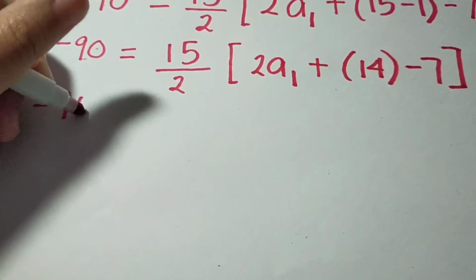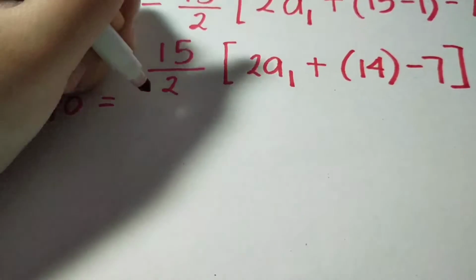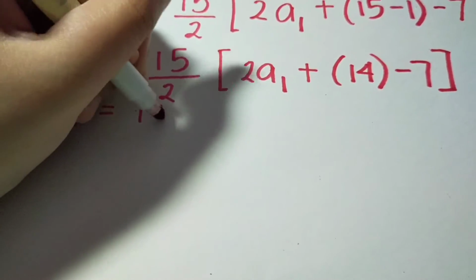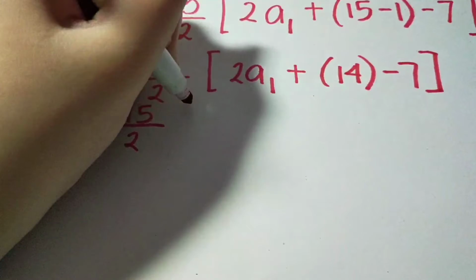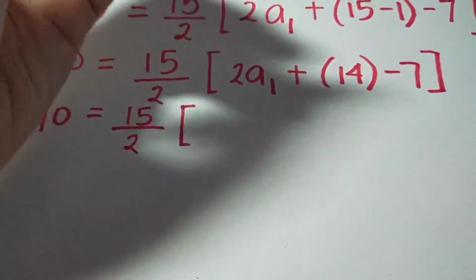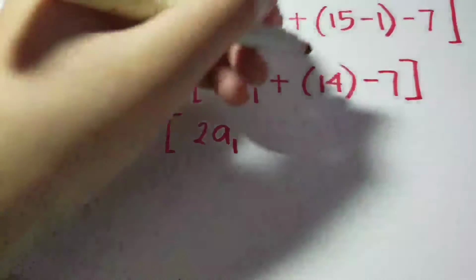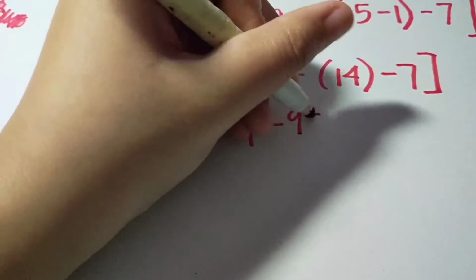Negative 90 is equals to 15 over 2 times 2a sub 1 minus 98.